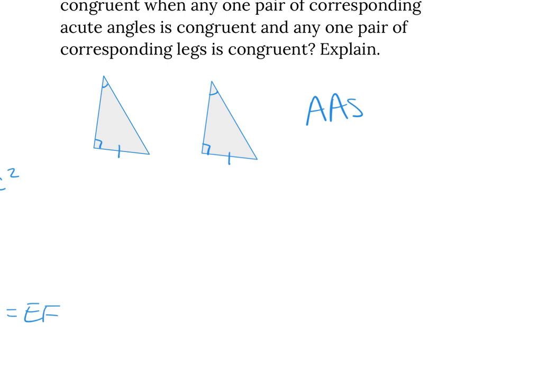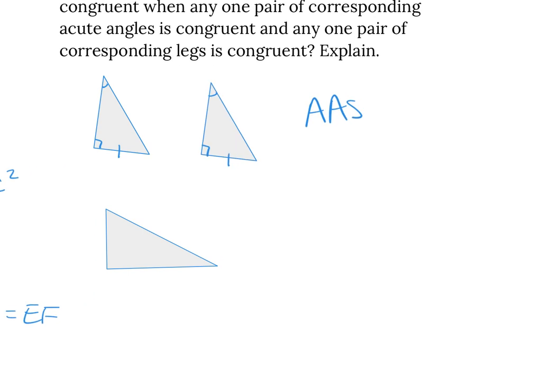Okay, let's assume we're given another triangle. I'm going to draw this one a little different. Okay, so we're just going to assume that those are the same, and we're going to label them that.